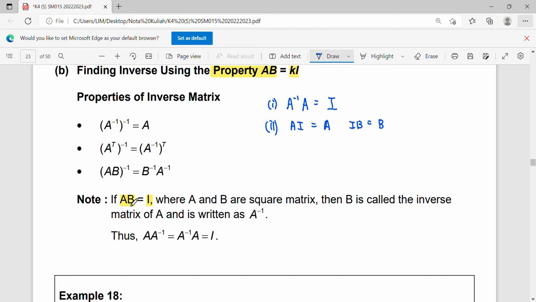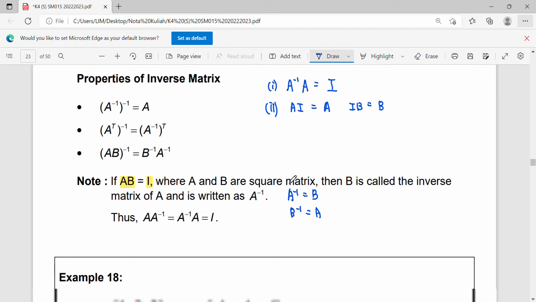This is your A inverse, or this is your B inverse. So B equals the inverse of matrix A. If you want to find A inverse here, it means that is your B. If you want to find B inverse, it is your matrix A, because A times B gives identity. So these two matrices are inverses of each other.